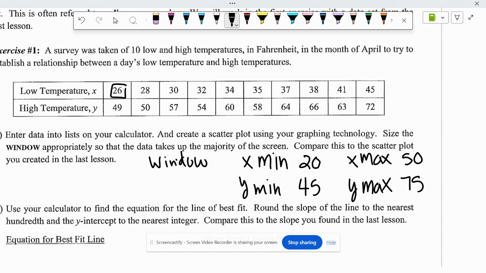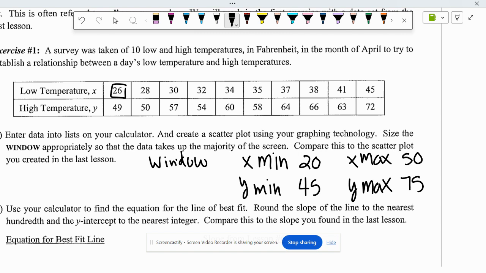All right. If you press your second button and Y equals, do you guys see where it says stat plot written in blue, right above your Y equals? So we want to get to the stat plot. We want it to plot our statistics.